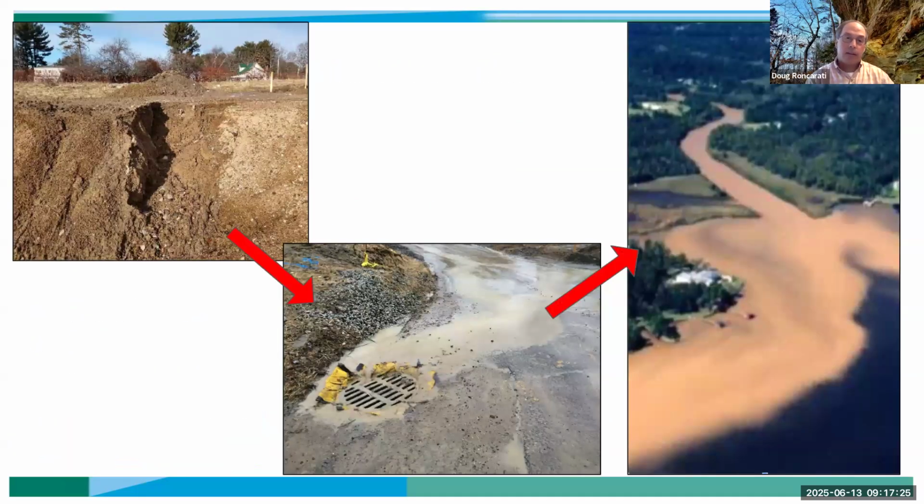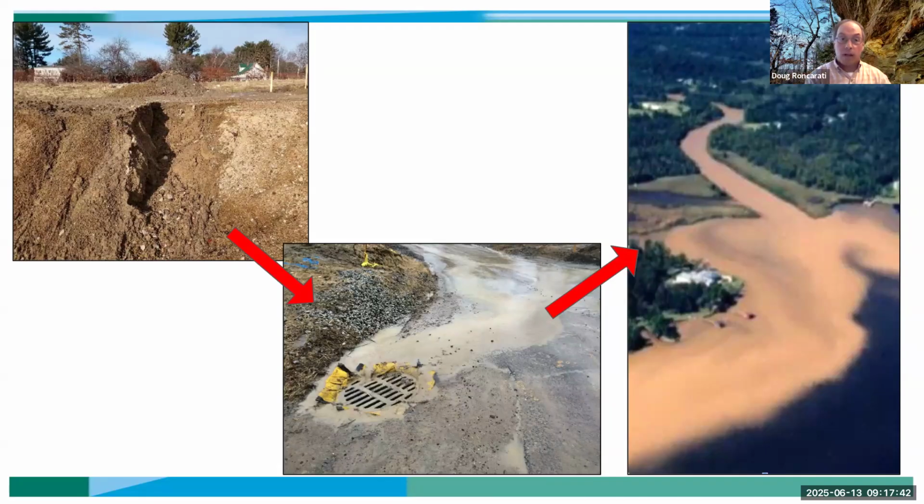It's sediment running off of our landscape. Whenever we disturb the soil, open it up so that it can become exposed to runoff, rain or snow melt, you can end up with sediment moving off of your site.